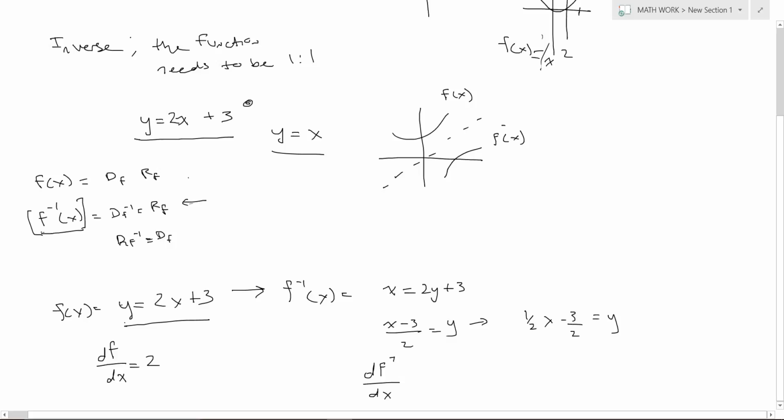And by the way, this is an operator. It doesn't mean it's the inverse. It's just an annotation. You don't actually take 1 over anything. You don't actually take the inverse of it. Okay, so what's our derivative here? 1/2. And as we noticed, a common property is that these slopes are inverted, right? So we can say safely that, hold on, let me move this down.